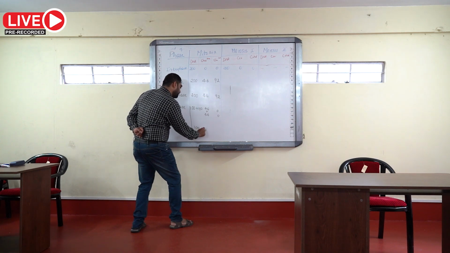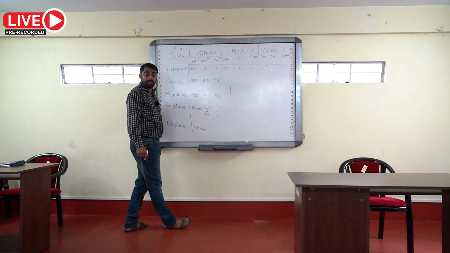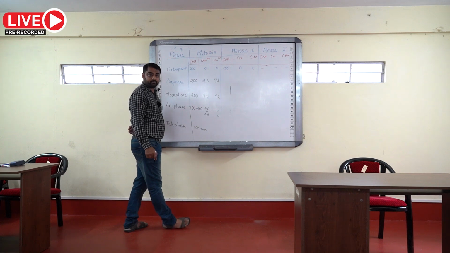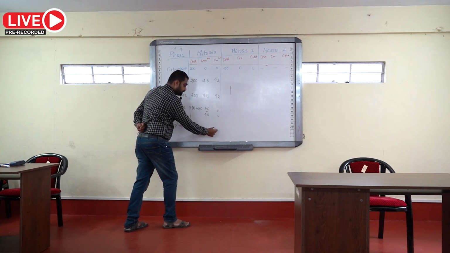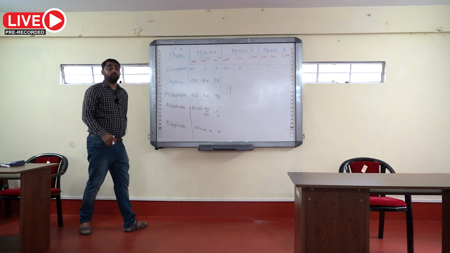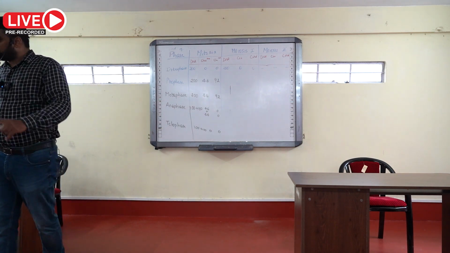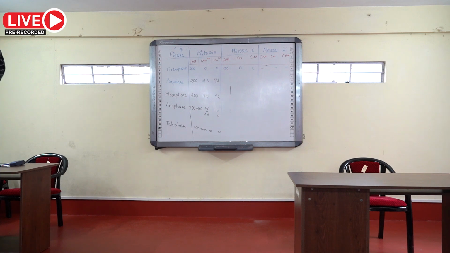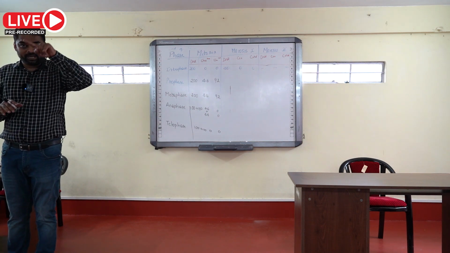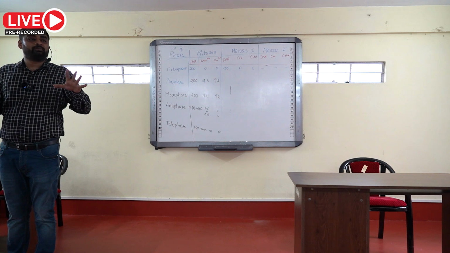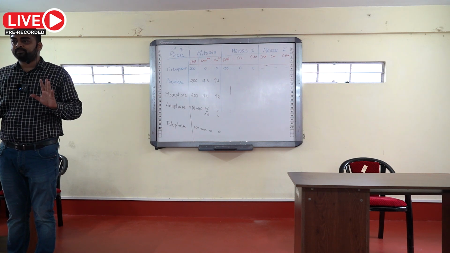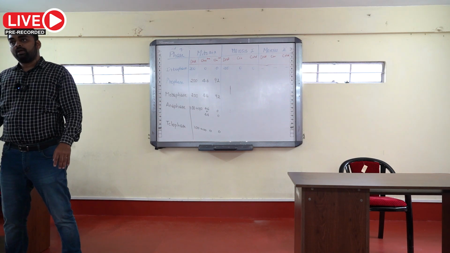Chromosomes, 46 plus 46. Chromatid, 0. End of telophase is like the reverse of prophase. Chromosomes will decondense, nuclear membrane will form, and the chromosomes will become a diffuse chromatin network. That's all. Clear, everybody?